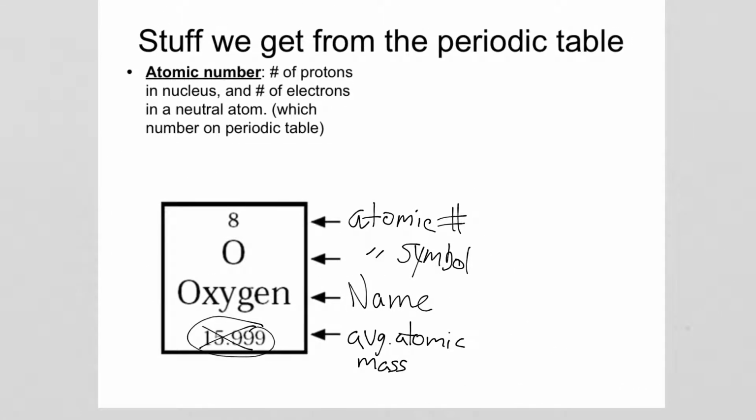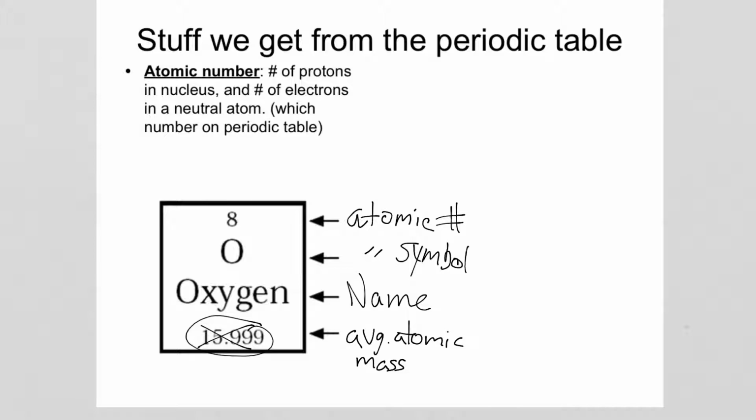As you see on this, atomic number is the number of protons in the nucleus and the number of electrons in a neutral atom. And remember, of course, it's the number up top. Now, again, I might be giving you some names or symbols, and you'll need to pull that out. But protons and electrons, and again, what we say is a neutral atom. In the activity that you did, we learned about things called ions.